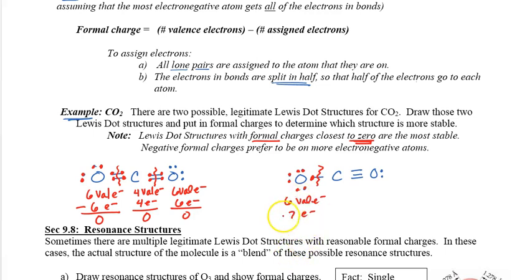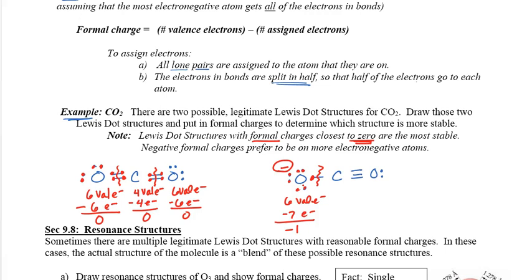We subtract those 7 and you get a -1 charge. So we're going to write a minus up here on that oxygen to show that you have a -1 formal charge. It should make sense. This oxygen is assigned 1 more electron than its normal valence electrons. It has 7 electrons assigned to it instead of 6, and so that gives it a -1 charge.